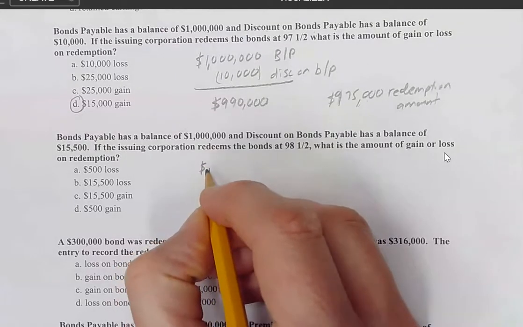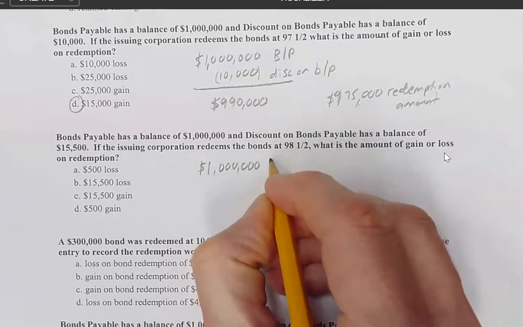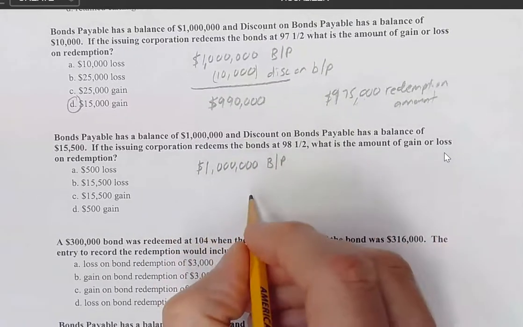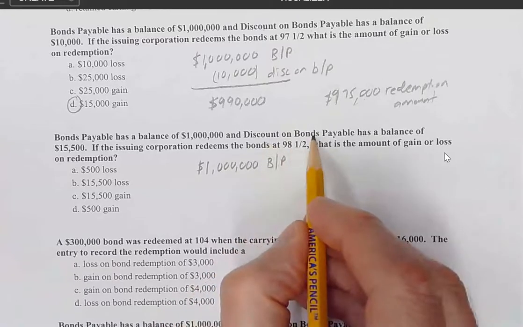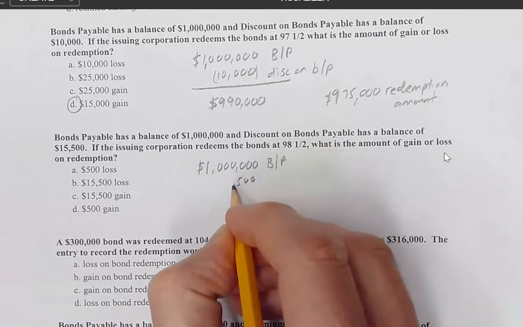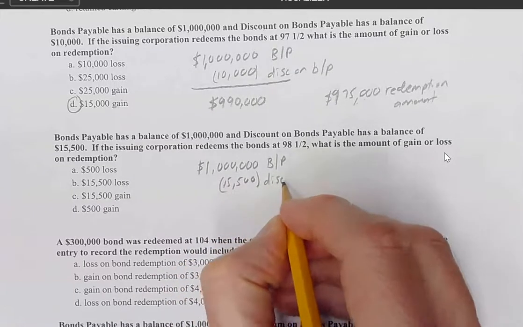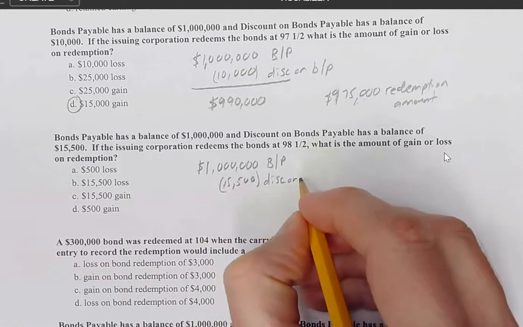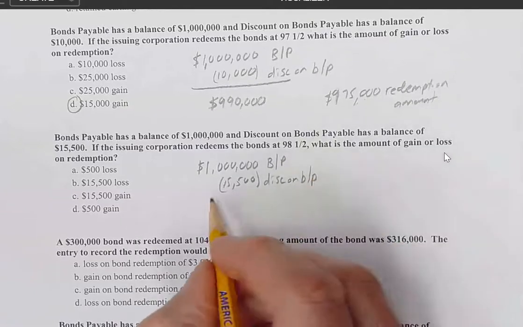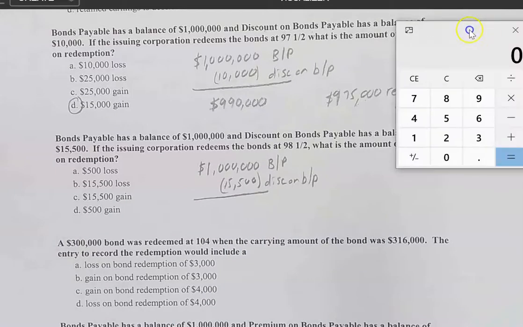We'll get a little bit more practice here. $1 million for the bond payable. And let's see here. Discount on bonds payable is a subtraction from the liability amount. So we're going to take $15,500 as the discount on bonds payable, which is what we did in the question just above it, just for different amounts.